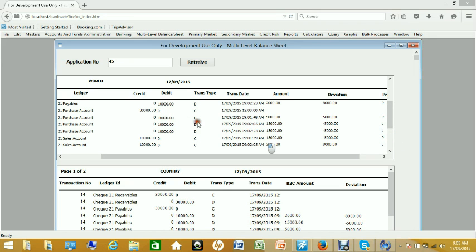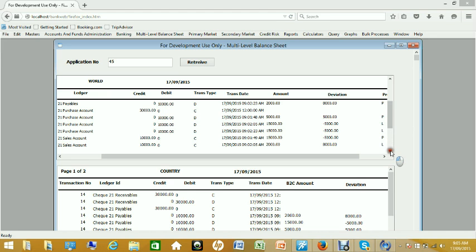And here the target amount is 10,000 and we have purchased more than what was the target. So the deviation is 5,000, so it is interpreted as loss.